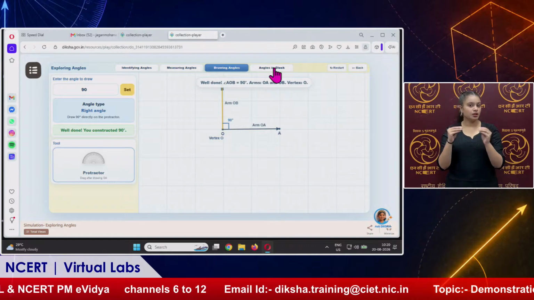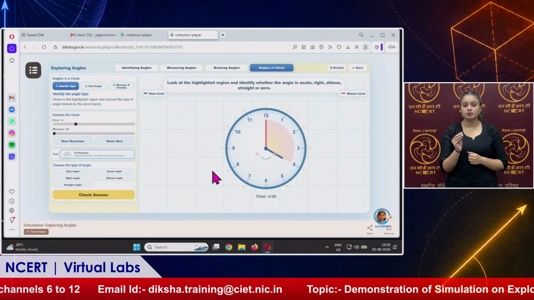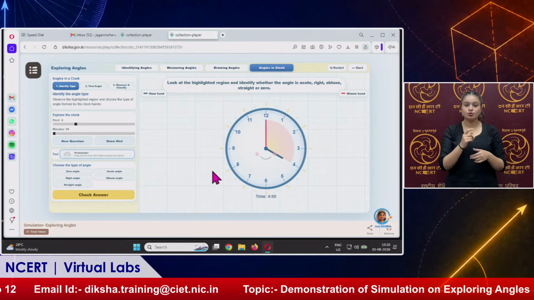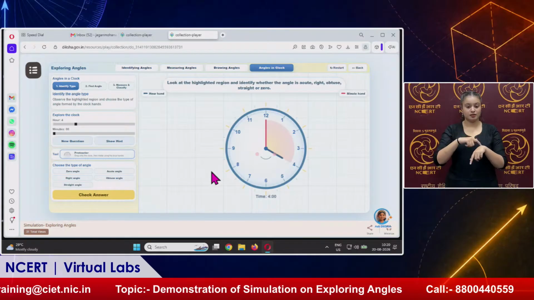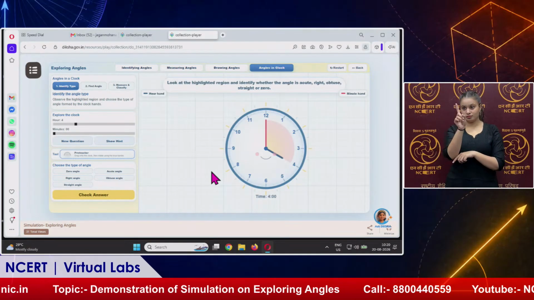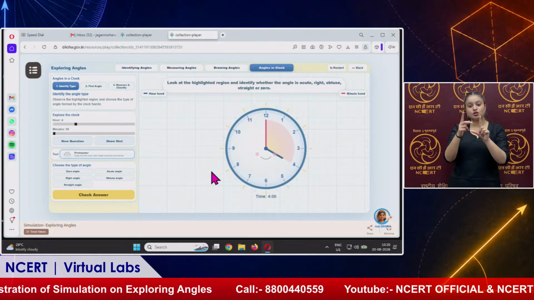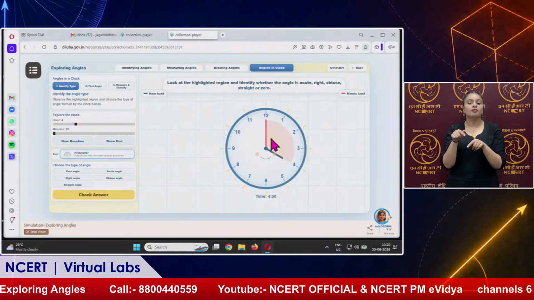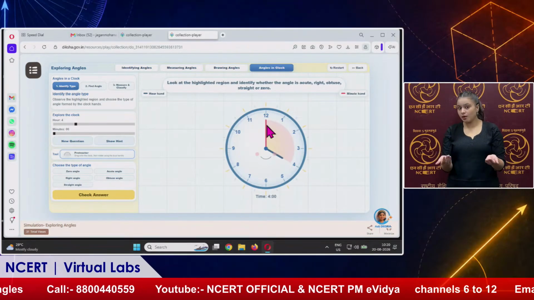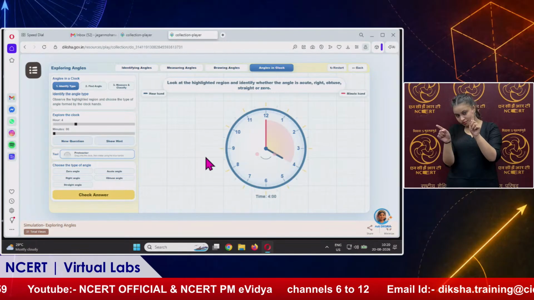And the last one uses real-time examples, like a clock. While the clock rotates, there is an angle between the two needles or handles of the clock. So how do we measure the angle between the two handles of the clock?